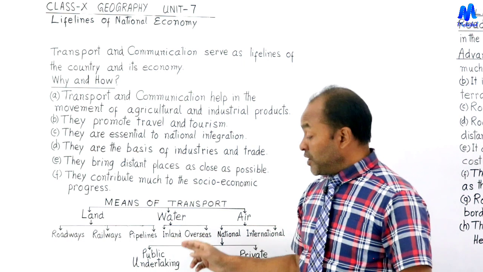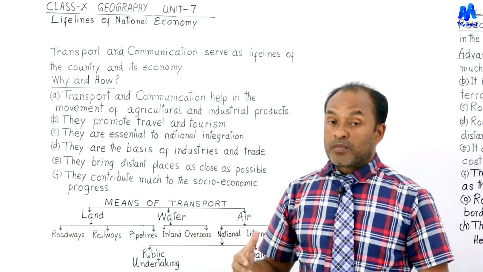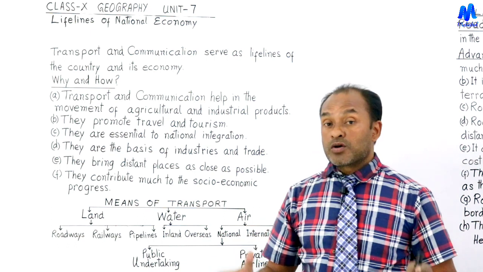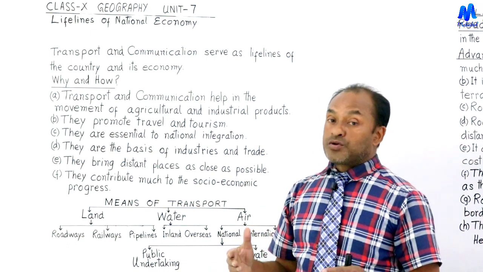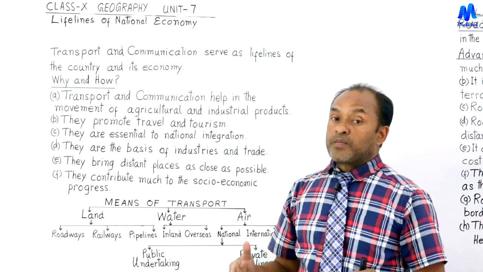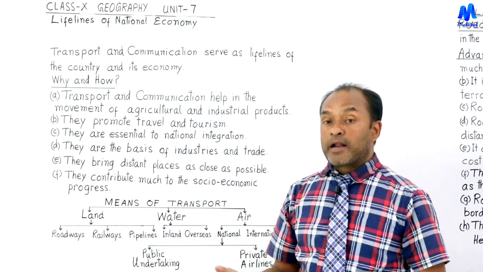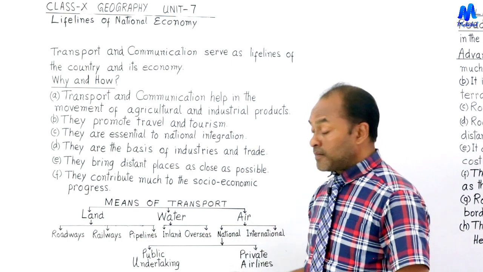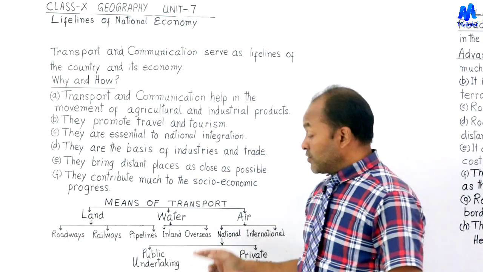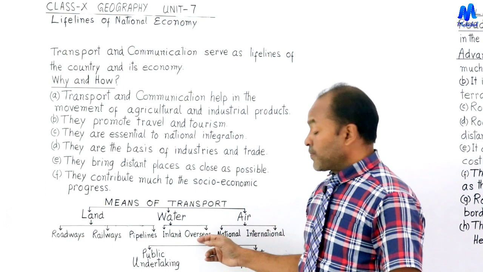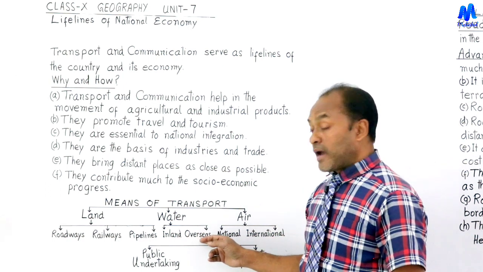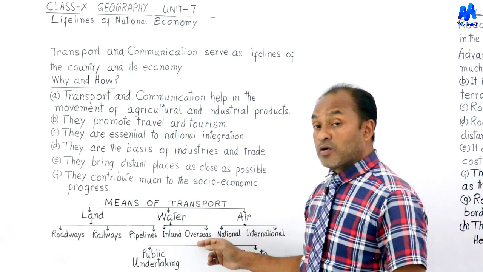Inland waterways, which are used for transporting goods and people through the water bodies of the country, like rivers, lakes, canals, etc. And for overseas traveling with foreign countries, we use big steamers.